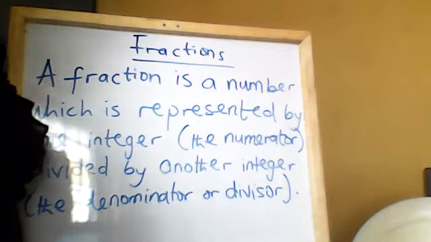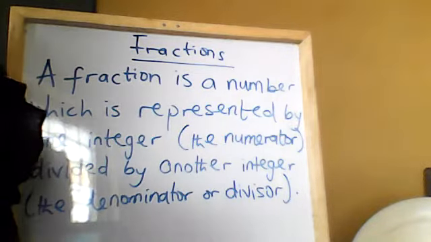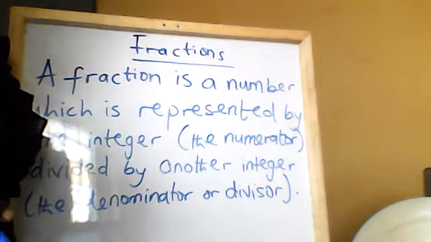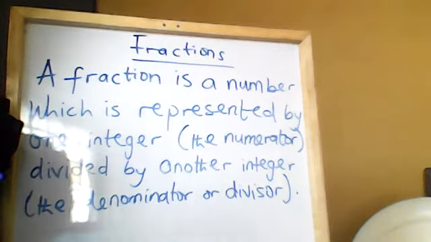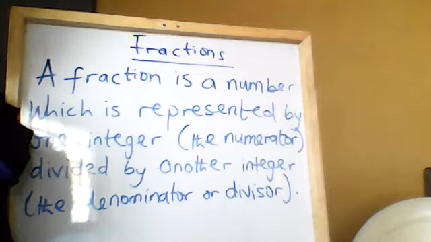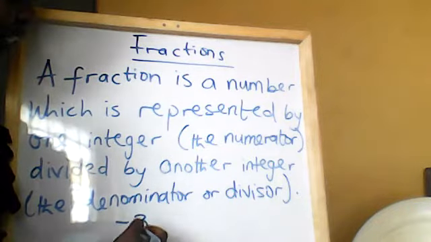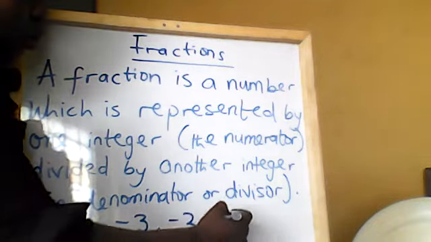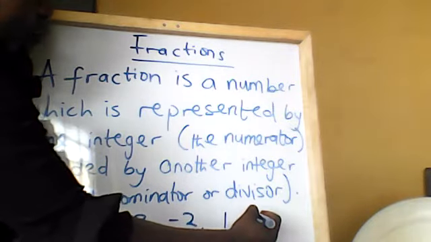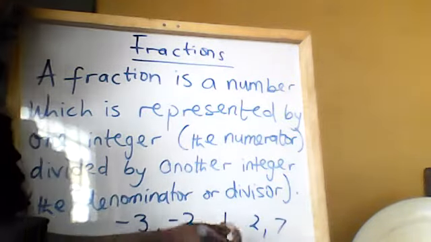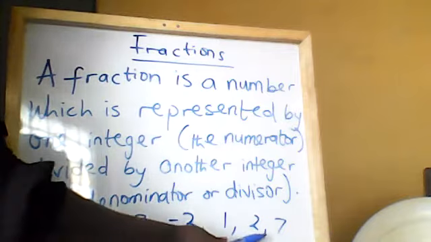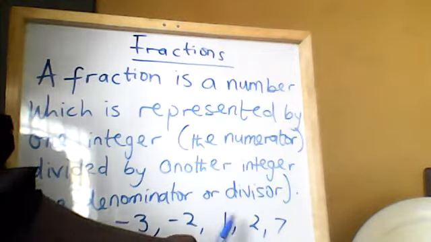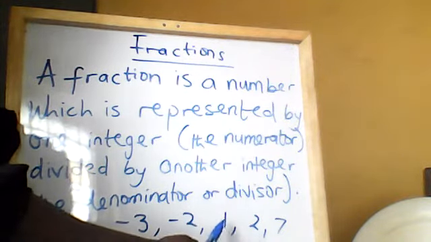An integer is any whole number, only that it can be positive or negative. So examples of integers will be -3, -2, 1, 2, 7. By the way, all these numbers without signs are positive.